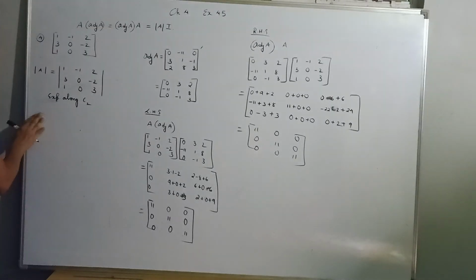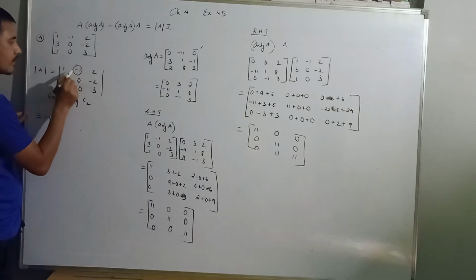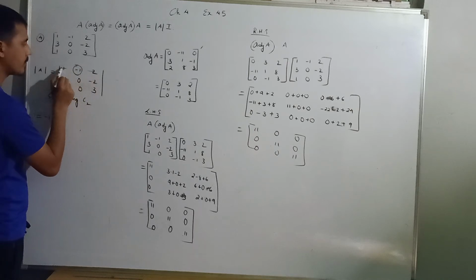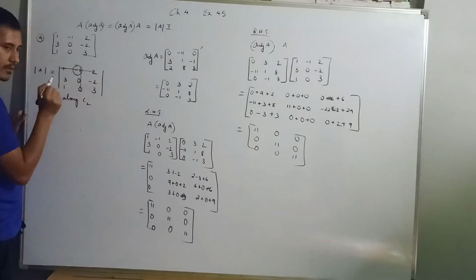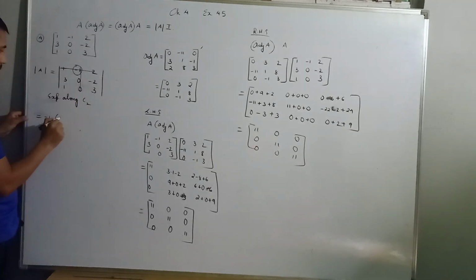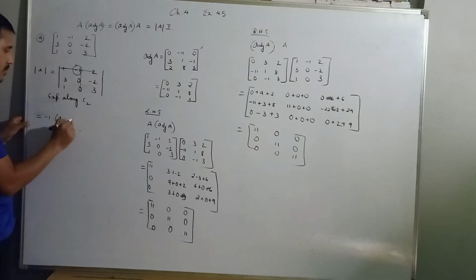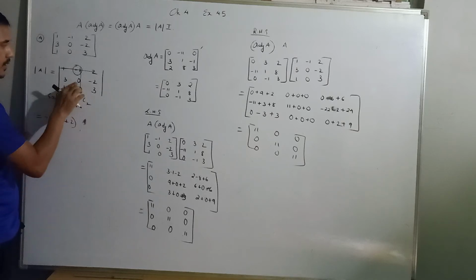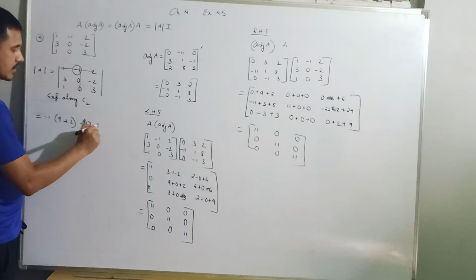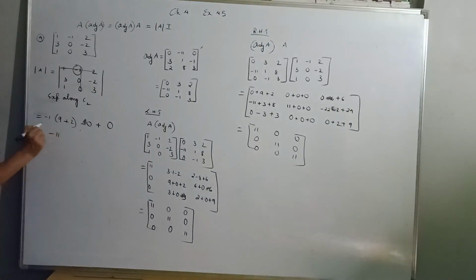Expanding along C2, we take this minus 1, then minus 1 belongs to first row and second column, and you cross multiply the remaining elements. 3 3s are 9, and then 1 into minus 2, so plus 2. After that, the next element is 0, next element is also 0, so everything will be 0. So in that case, this is minus 11.